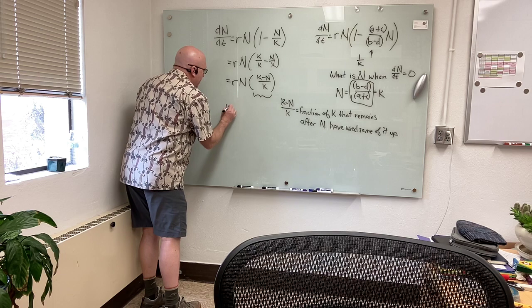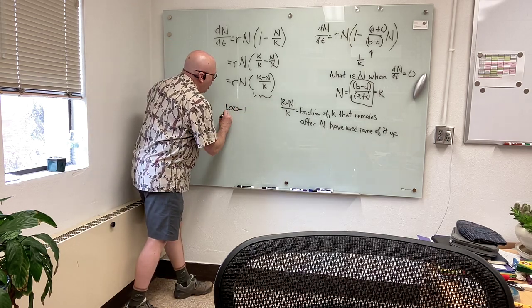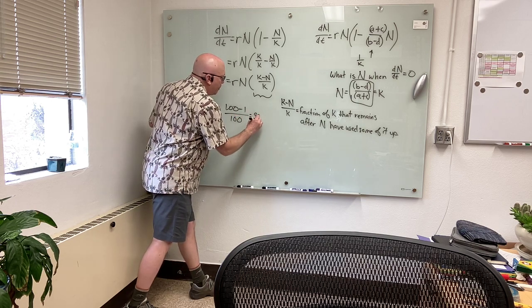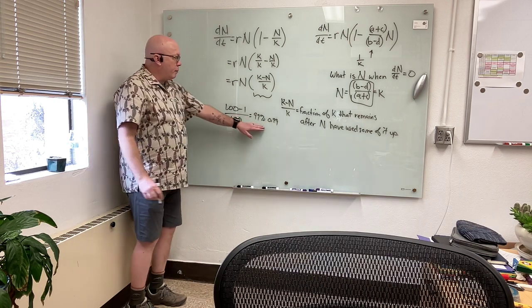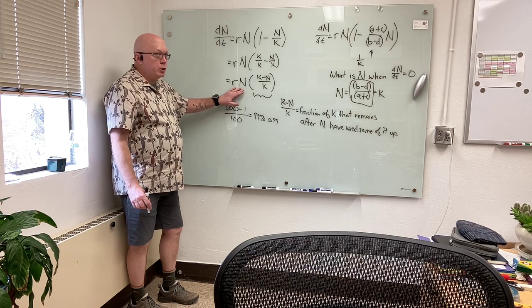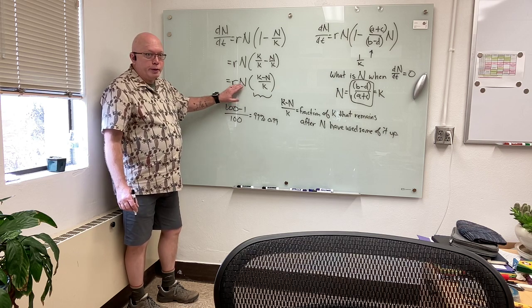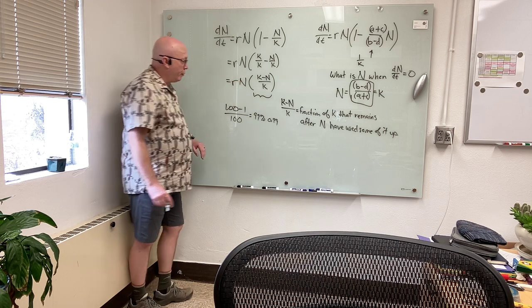So if carrying capacity is 100, and we have one individual on the landscape, then that basically means that 99% or 0.99 of carrying capacity is left over. So you're actually going to have a population growing at pretty close to the population growth rate that you would experience under density independent population growth.